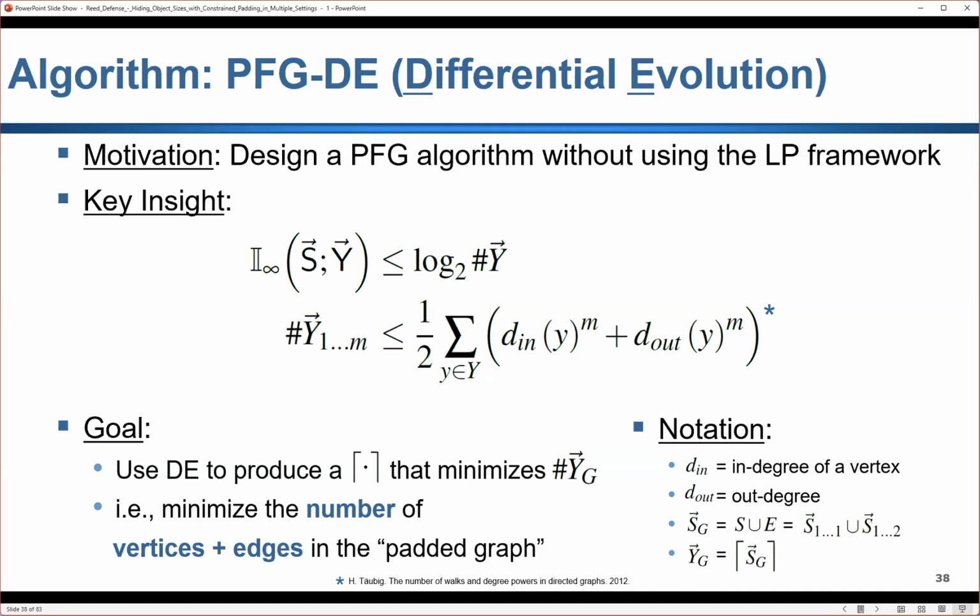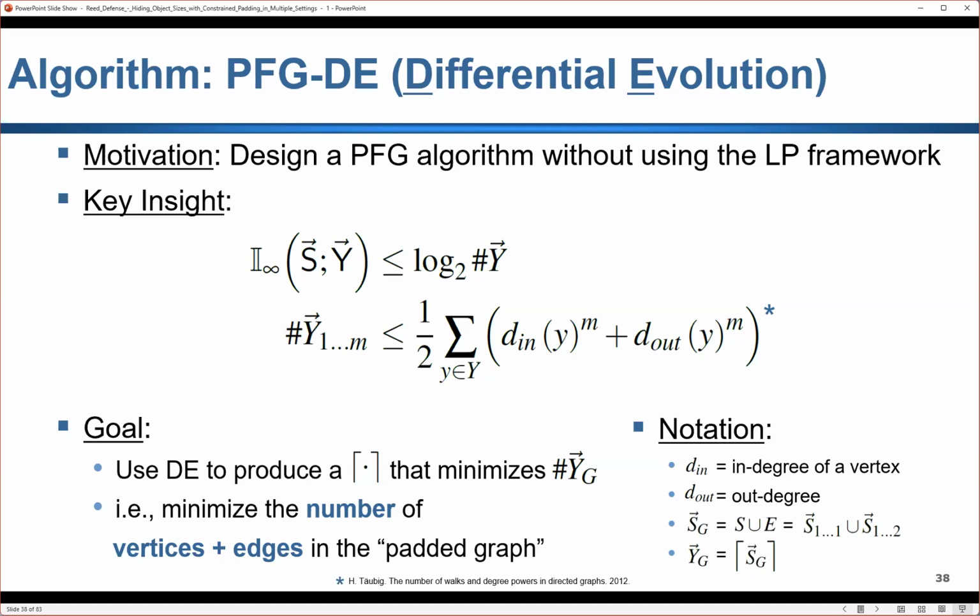So the key insight here is I infinity for sequences can be upper bounded by a term that's only dependent on the number of possible padded sequences on the object store. Furthermore, we have this relationship here from Taubig that for a particular length of sequences, M here, all of the M length sequences can be upper bounded by a term that is dependent on, first, the number of padded sizes on the object store, and then also the in degree and out degree of each one of these padded sizes.